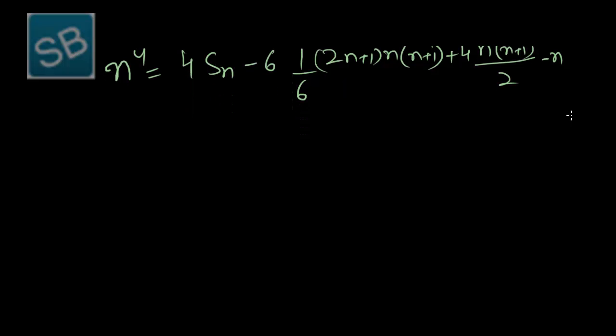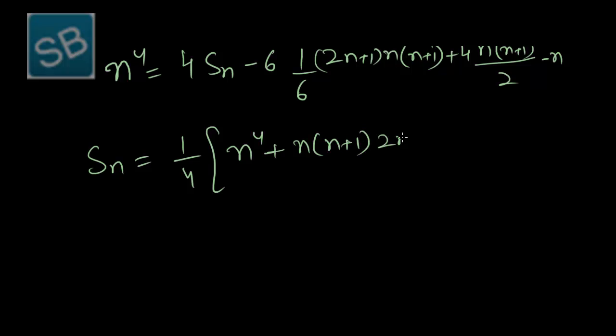Now Sn can be taken out here, and by taking the LCM we get 1 by 4 in the bracket n raised to power 4 plus 6, and the 6 is cancelled out. So we get n into (n plus 1) into (2n plus 1) minus 2 times n into (n plus 1) plus n.